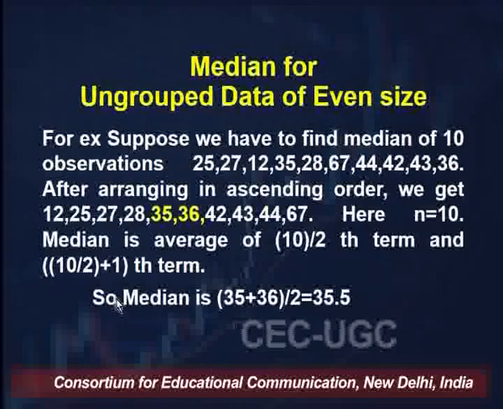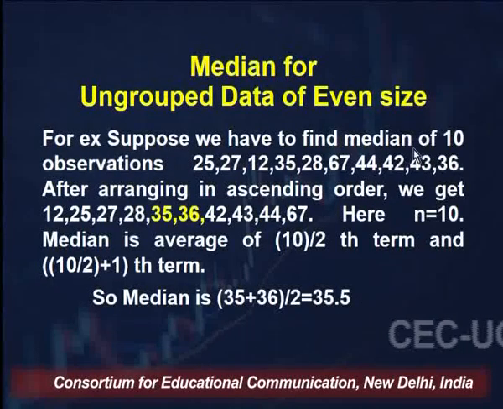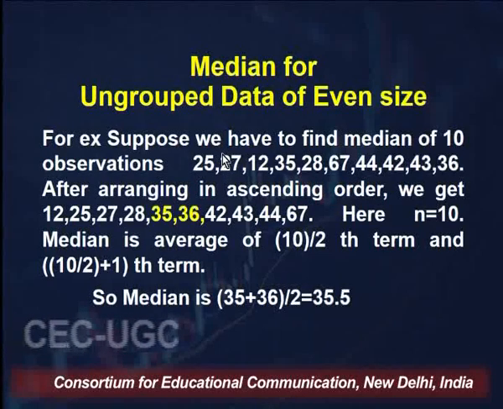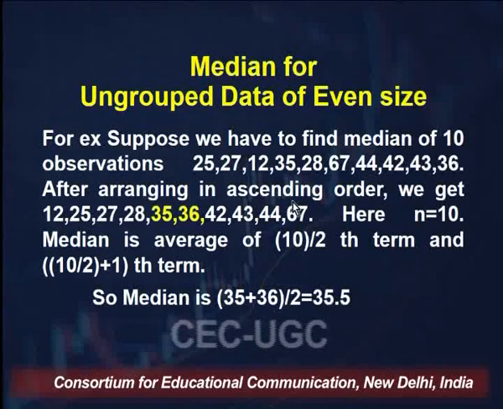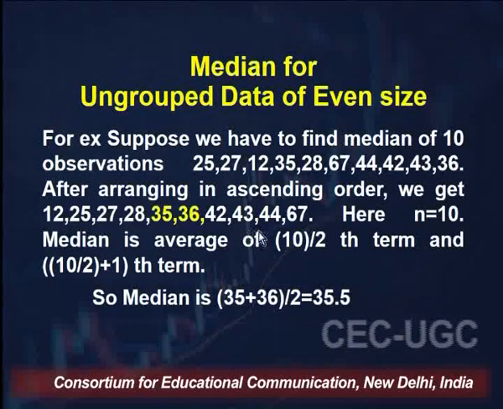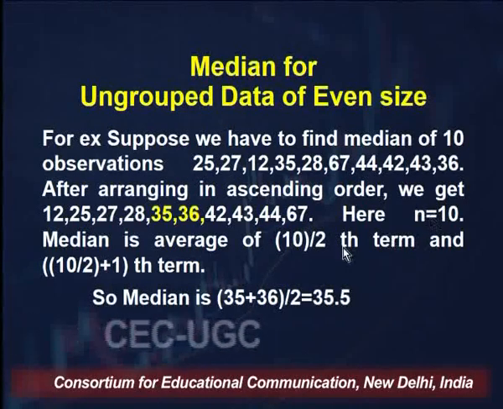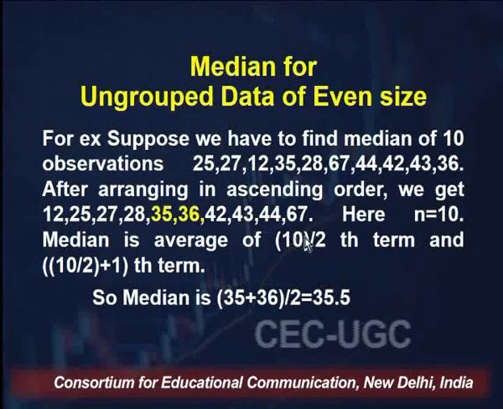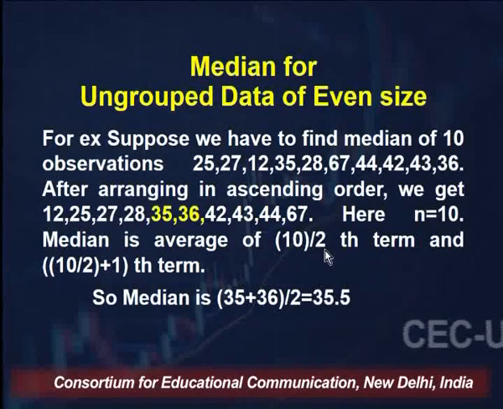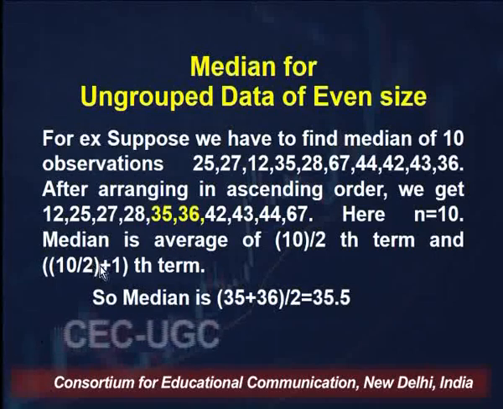So let us go for an example. Suppose I am looking at these 10 observations. 10 is an even number, so my n is equal to 10. I have arranged them first, always arrange them in ascending order, don't forget that. Then first I look at the n by 2th term, so 10 by 2th term, which is the 5th term, and the 10 by 2 plus 1th term will be the 6th term, because it is 5 plus 1, the 6th term.